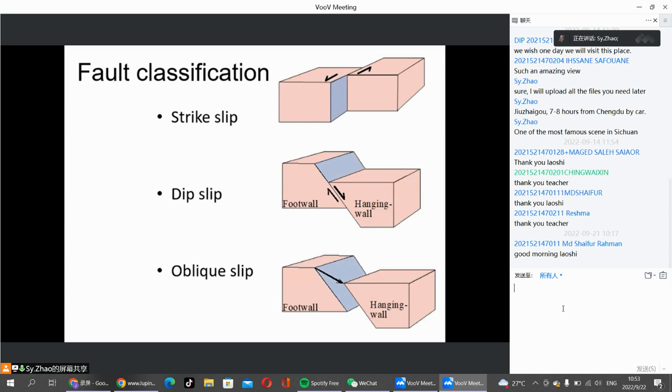And due to the moving direction, the fault classification includes strike slip fault, dip slip fault, and oblique slip. The upper block of the fault is named the hanging wall, while the lower block we call the footwall. Yeah, I'm sure this can be easily understood by you.